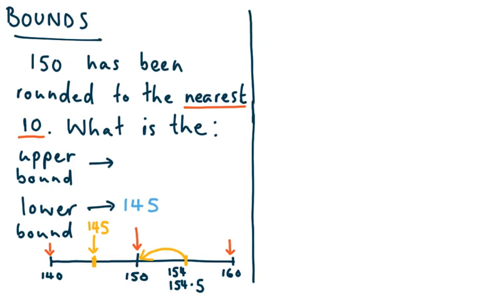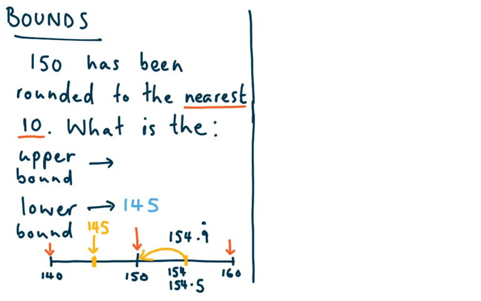So 154 would round down to 150, but I can think of a bigger number. 154.5 would round down to 150. I can think of a bigger number. 154.9. Well, that would round down to 150. I can think of a bigger one. 154.9 recurring.